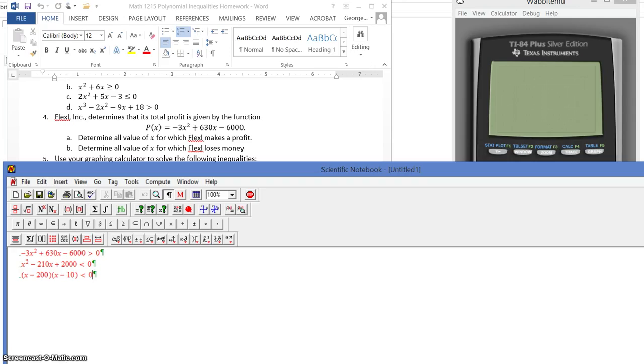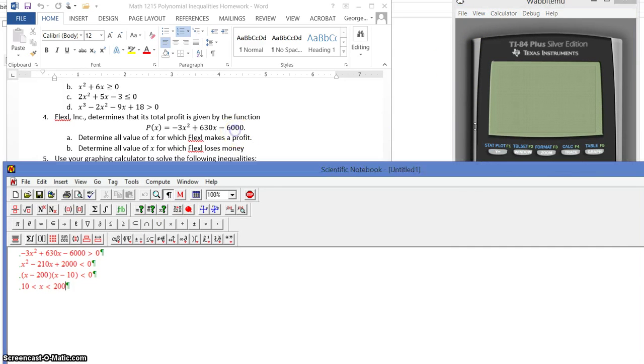We would then need to draw a number line, plug numbers and check, make sure we get a negative value. And I think you would find that the correct answer is 10 less than x less than 200. You can draw a number line there. Hard for me to draw a number line here on my computer and plug numbers in. Okay, so that's what you want to do on number 4.